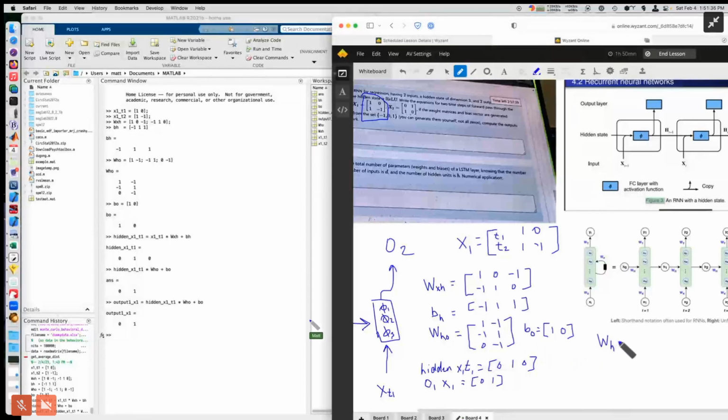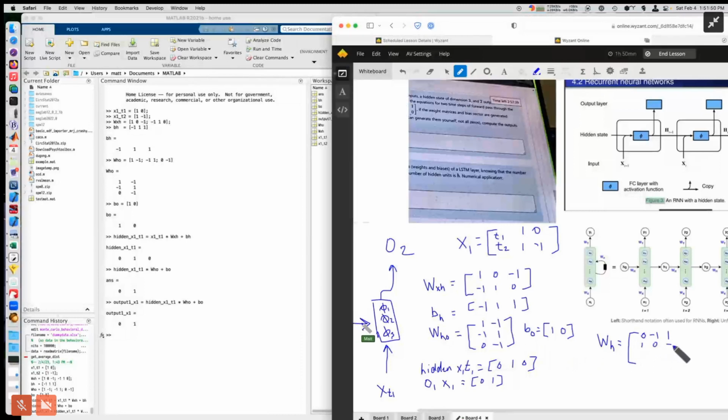If there are 3 hidden states, that would have to be 3 by 3. Let's just do 0, -1, 1, 1, 0, -1, -1, 1, 0. Why not? So you have to make that up too.